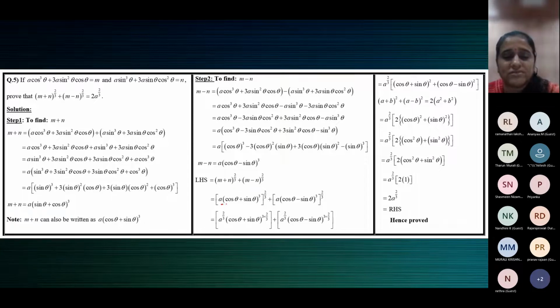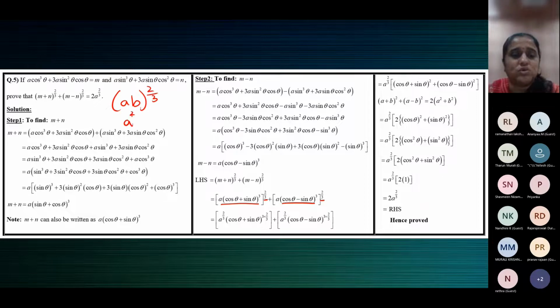This is m plus n. This is m minus n. Power 2 by 3. So when you have ab the whole power 2 by 3, it means a to the power 2 by 3 into b to the power 2 by 3.